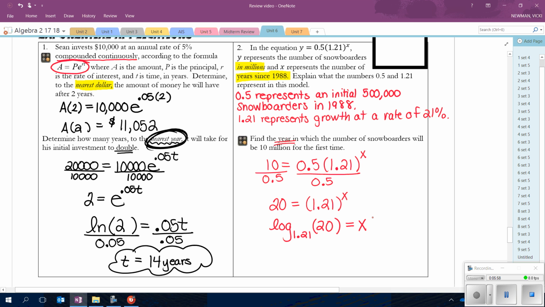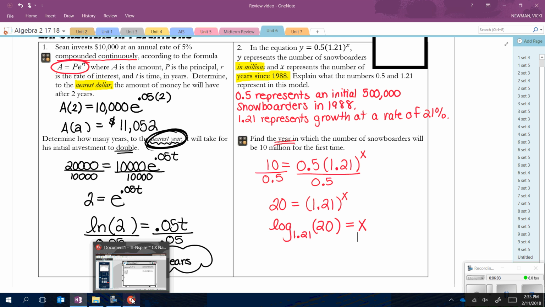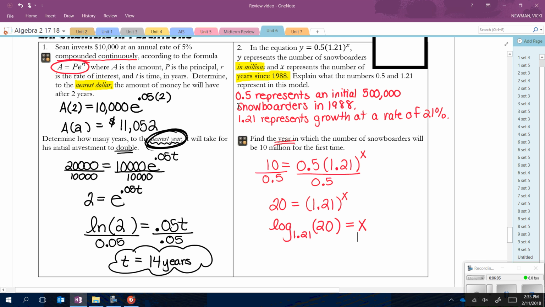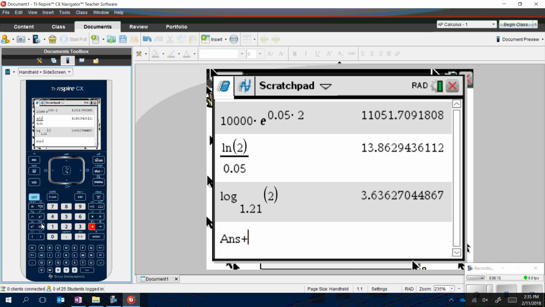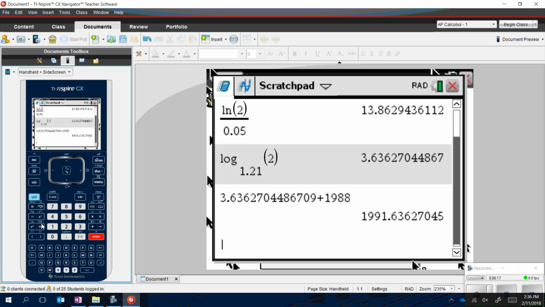And we're going to find the year, so let's get the number first. Whatever we get, we're going to add 1988 to it. So log base 1.21 of 2, plus 1988. Why does that look wrong to me?